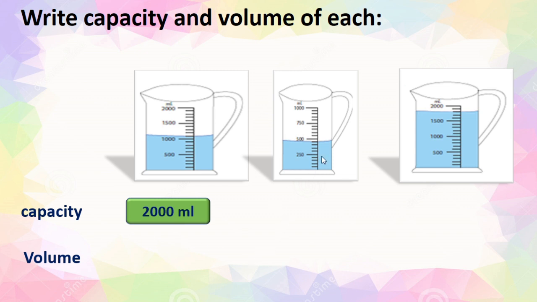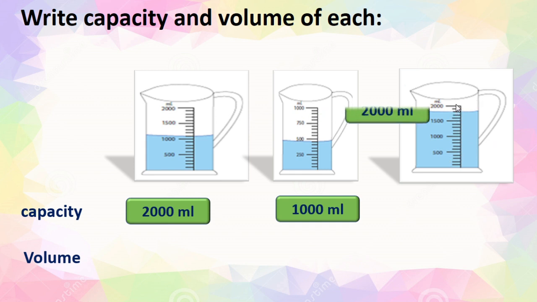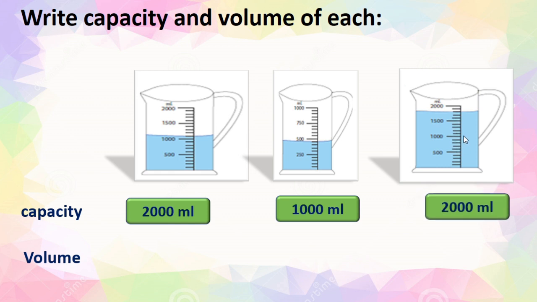What is the capacity of this jar? Yes, capacity of this jar is 1000 ml, isn't it? Yes, here what is the capacity of this jar? Yes, this is 2000 ml, 2 liters. This is also of 2 liters and this is of 1 liter.